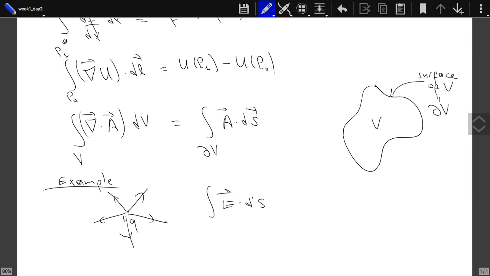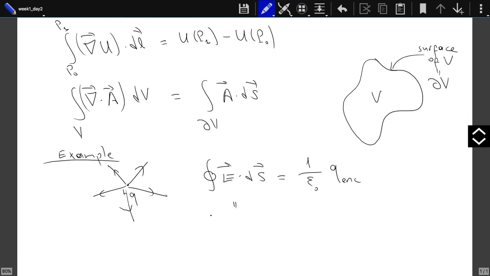We know that the integral of E dot dS over the boundary was equal to 1 over epsilon 0 times Q enclosed. This was the Gauss law that we had derived in the first year.